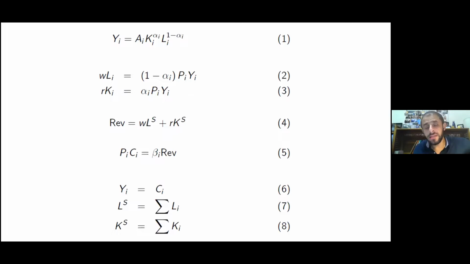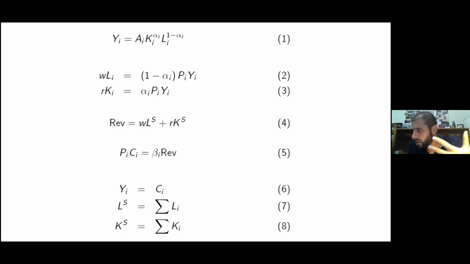Okay, so as I said, all this can be explained by the choice of the macroeconomic closure, right? And the macroeconomic closure in general is defined based on the literature, the characteristics of the economy, and what I want to do.